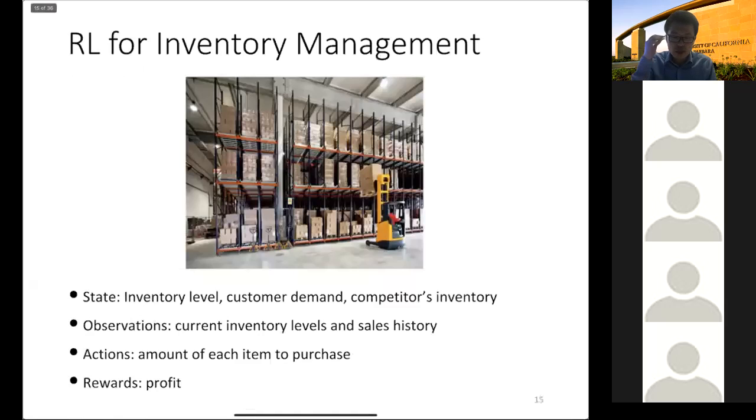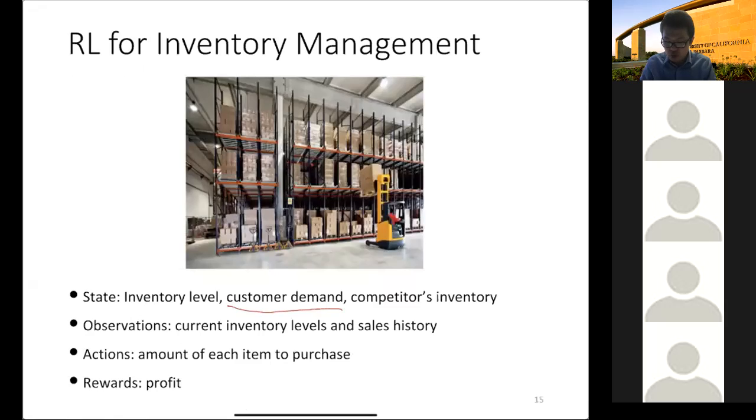And it's also applied in, say, inventory management. In this case, the states are the current inventory level, the customer demand, and maybe your competitor's inventory. This is another reason why sometimes you do not have full observation of the state, because typically you do not know what the future demand is. You only have some estimate of that.